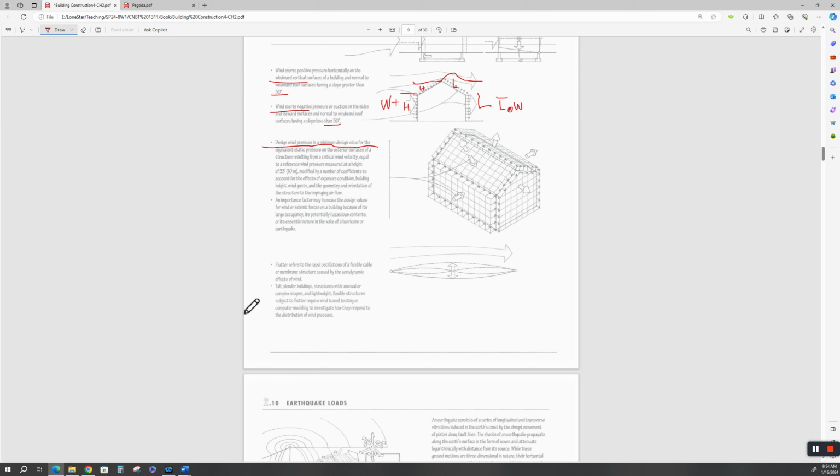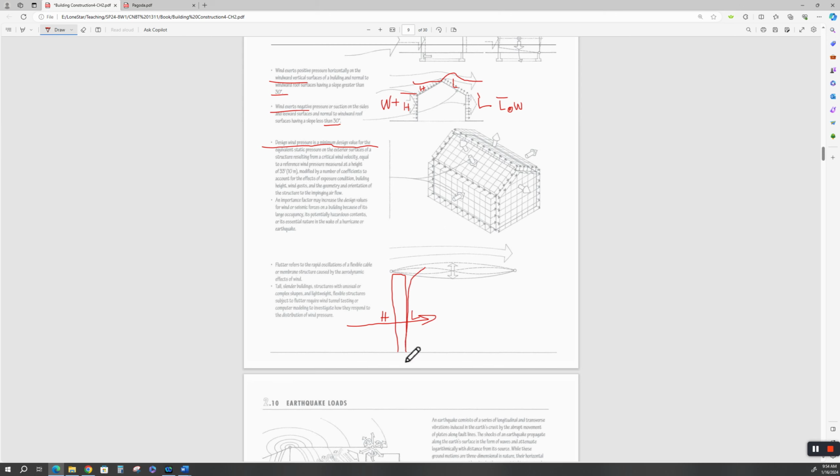Tall, slender buildings and structures have this problem. And you can imagine, if you have a super tall building, and it's skinny, and you've got wind blowing around it, let's say a hurricane. All right, you've got high pressure on this side, and you've got low pressure on this side, and then the higher up you go, the more moments you've got.